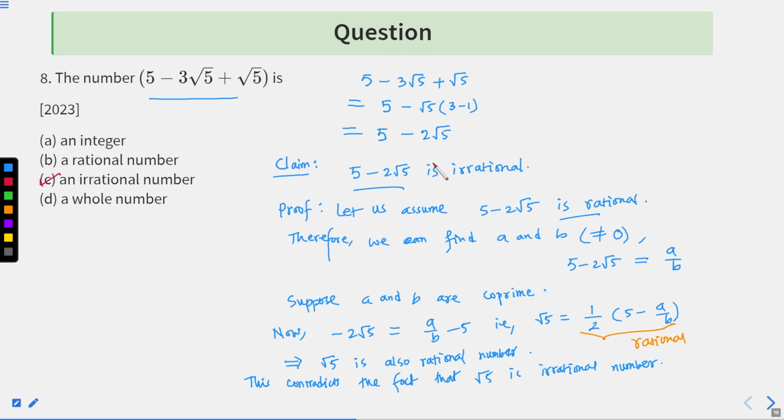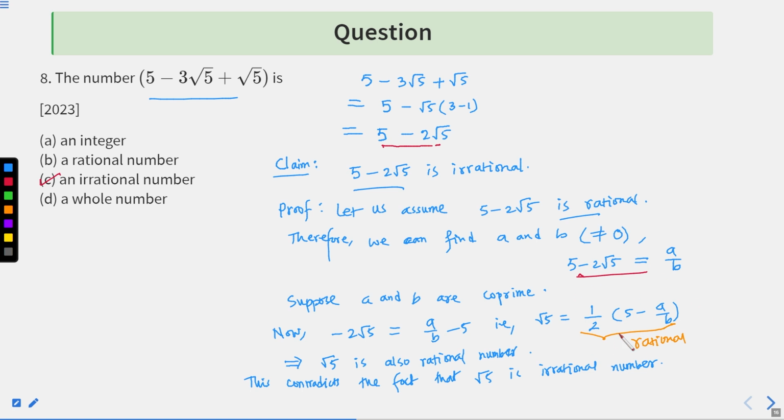Basically we first simplify this number, and after simplifying we get 5 minus 2 times root 5. By the method of contradiction we assume this is a rational number and write it as A over B, where A and B are co-prime. Then we rewrite the equation and get root 5 equal to 1 over 2 times (5 minus A over B).